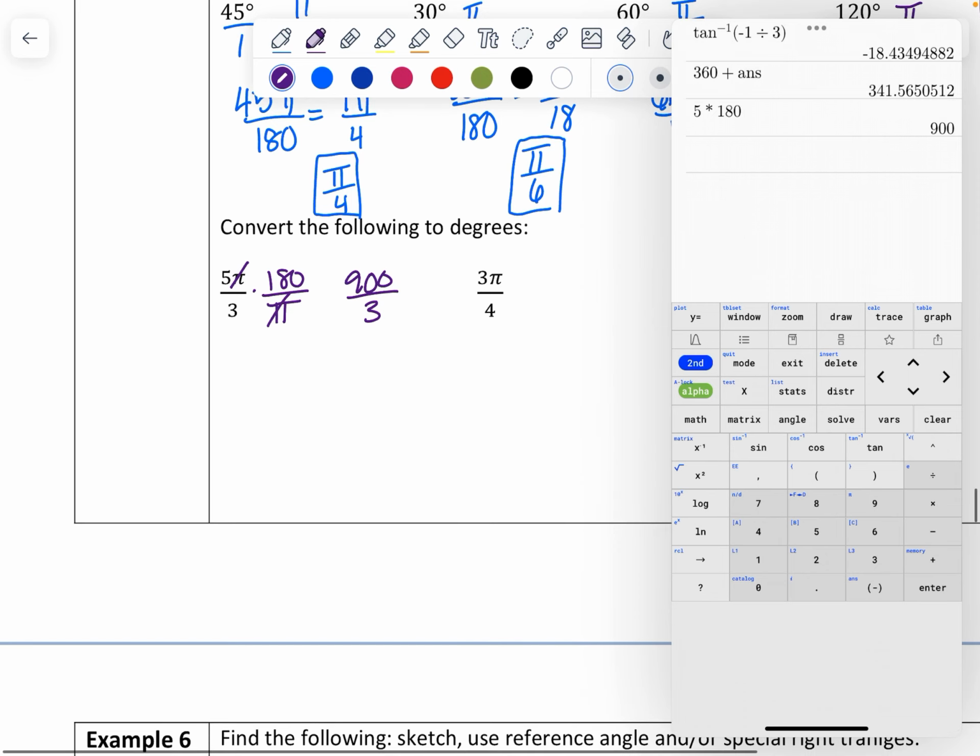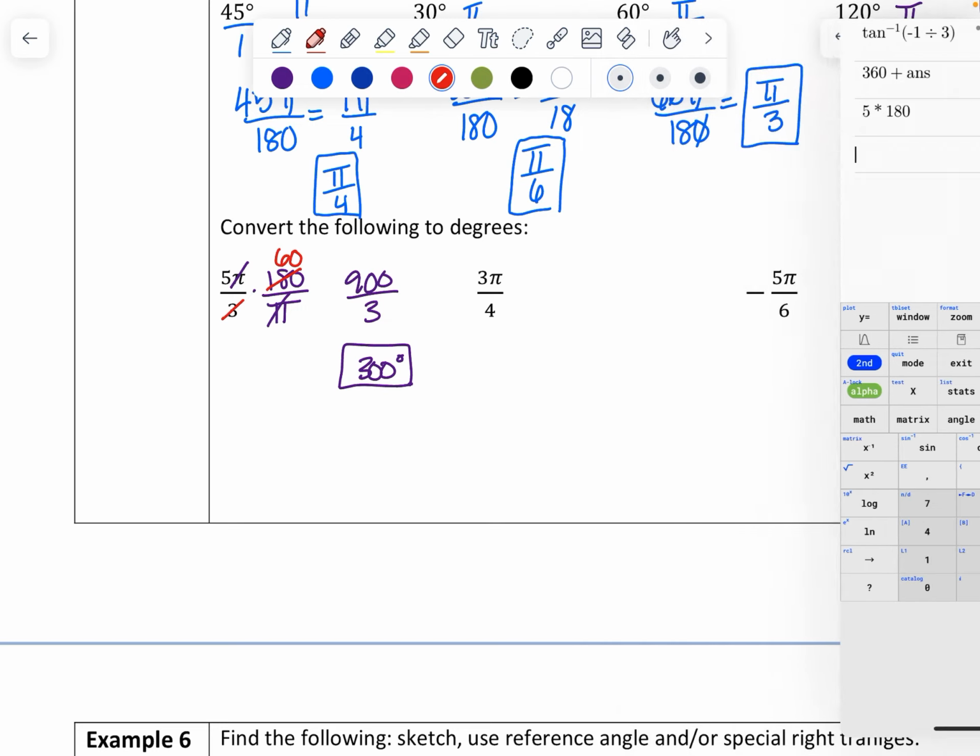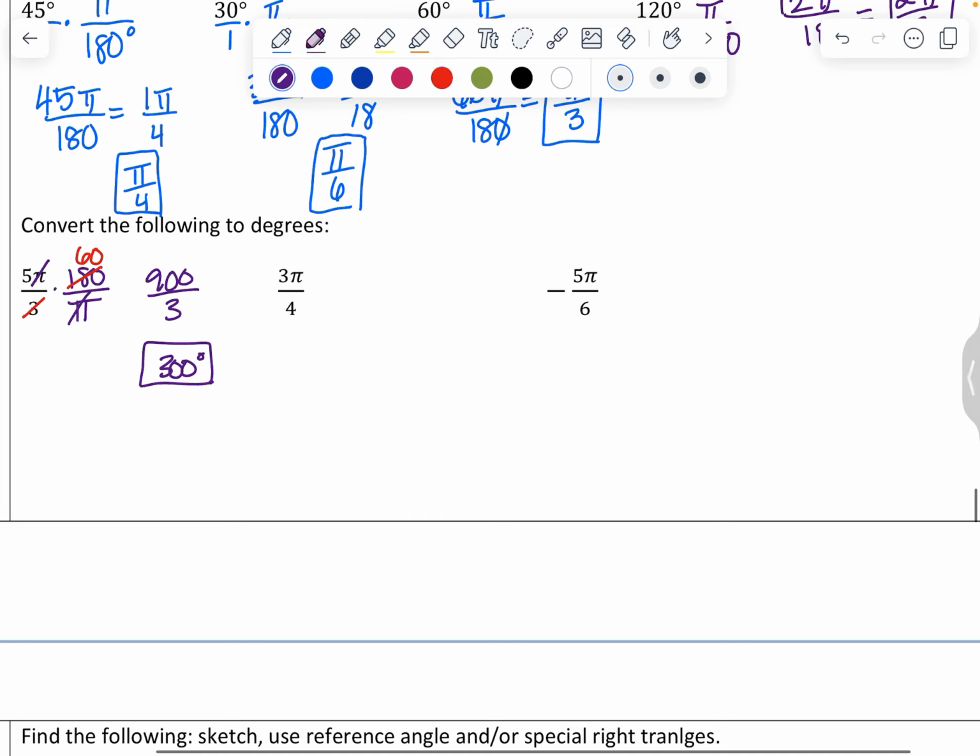And then divide from there, which would be 300 degrees. Or you can try to simplify first. If you know that 18 over 3 is 6, then 180 divided by 3 would be 60. And then 5 times 60 would be 300. So you can simplify a little bit before you multiply, or you can multiply and then simplify.